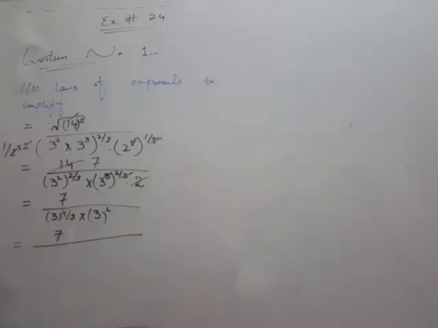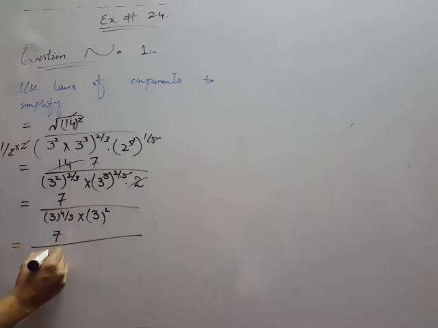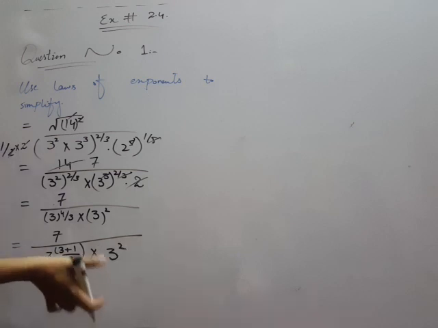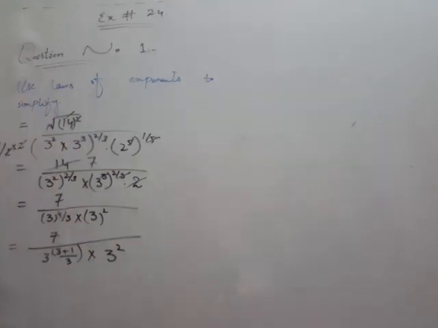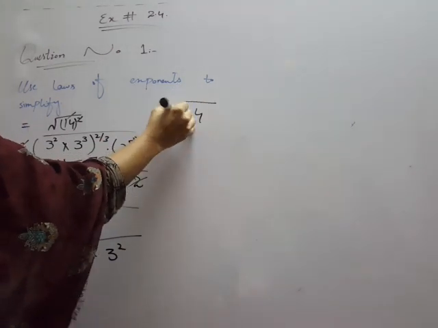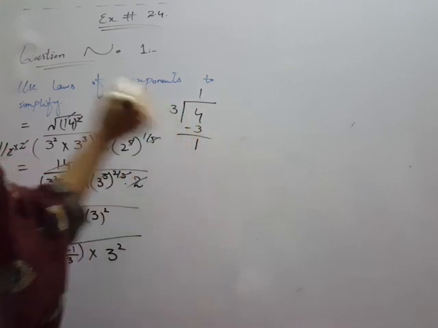So I can write this 4 by 3 as 3 raised to power 3 plus 1 divided by 3, and multiplied by 3 square. How can I write 4 as 3 plus 1 by 3? Because dividing 4 by 3, 3 ones are 3 and 4 minus 3 is equal to 1.